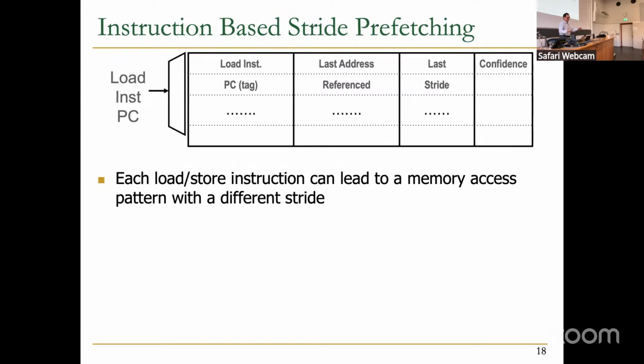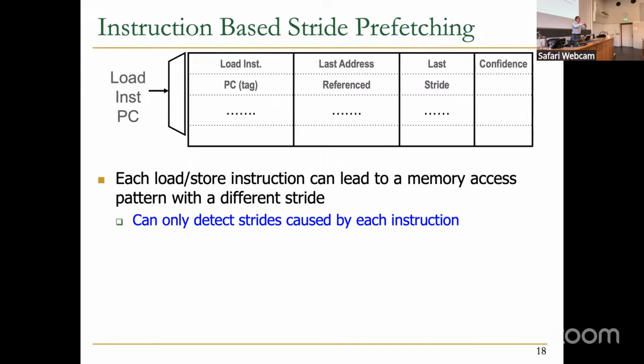Now, the downside of this, or maybe upside potentially, is that it can only detect strides caused by each instruction. If there's some stride that appears because two, three or four instructions are interacting in some way that doesn't appear for each instruction, then you cannot capture it.